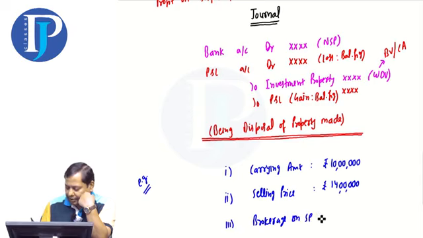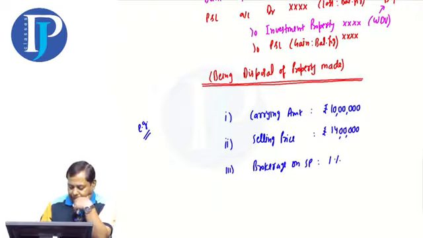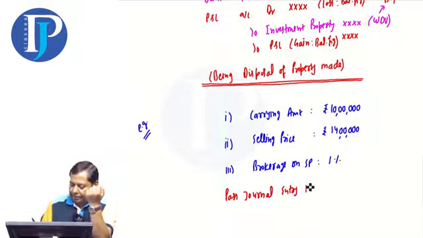Brokerage on the selling price is 1%. Pass the journal entry for the sale of assets.